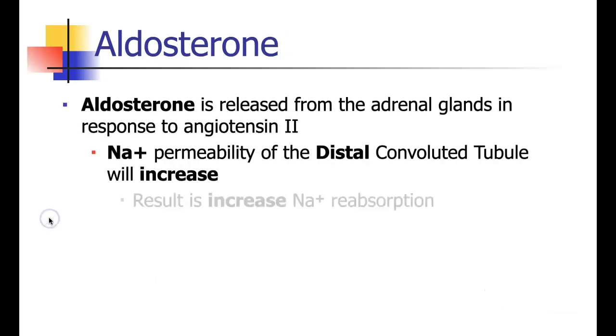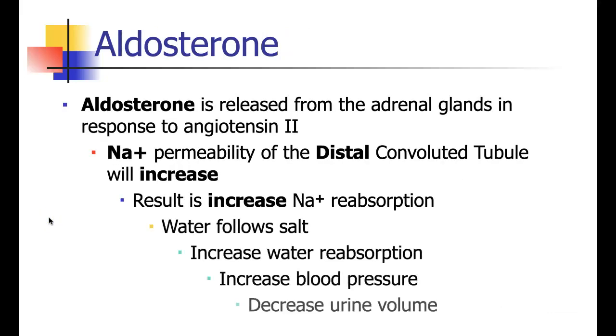Okay. So remember that it is increasing sodium permeability of the distal convoluted tubule, and that this will increase sodium reabsorption. Water is then going to follow that salt, and so you have an increase in water reabsorption, which together gives you an increase in blood pressure and a decrease in urine volume.